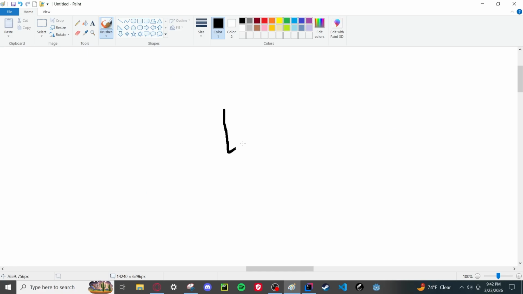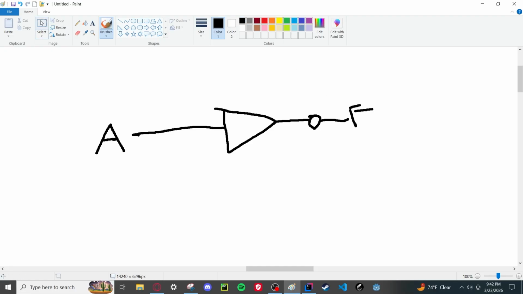And then in addition, we have not, so same idea. But remember, not only takes one thing, so we're going to have A. And then it's just going to return out, this should be there. Should be like right here. Well, let me actually make this look good so you know what I'm talking about.